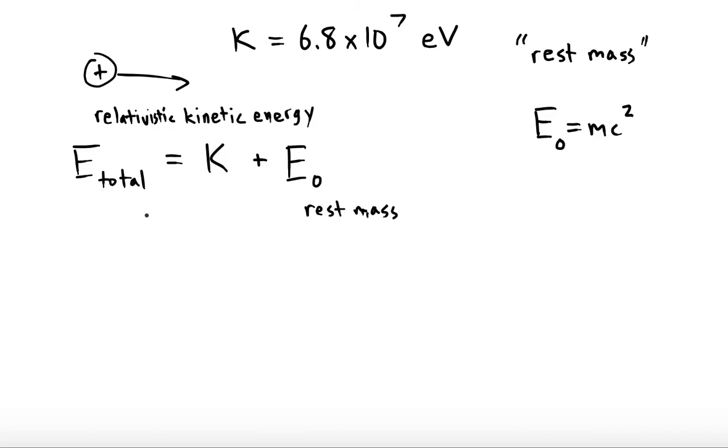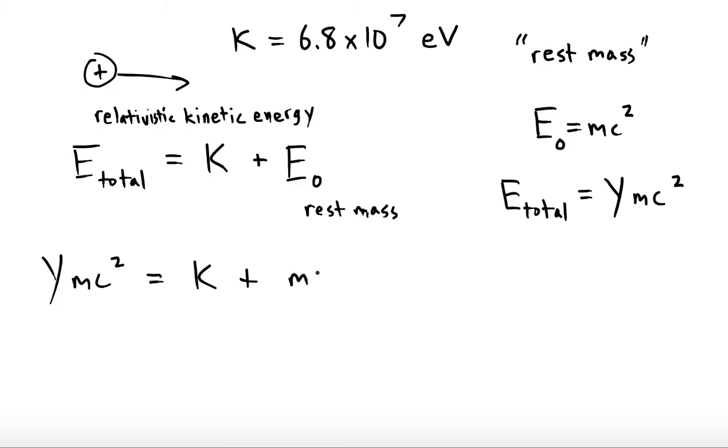Alright, so E total has a formula as well, which is gamma mc squared. The gamma is the same gamma that we had used on relativity problems. So you can actually plug these formulas in to reveal this: gamma mc squared equals K plus mc squared. Alright, so I'll just plug in everything that we have.